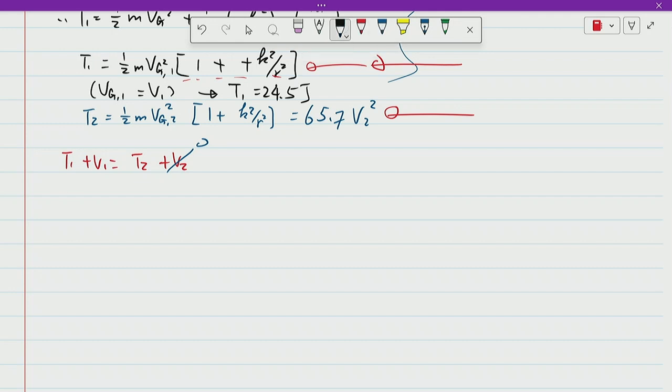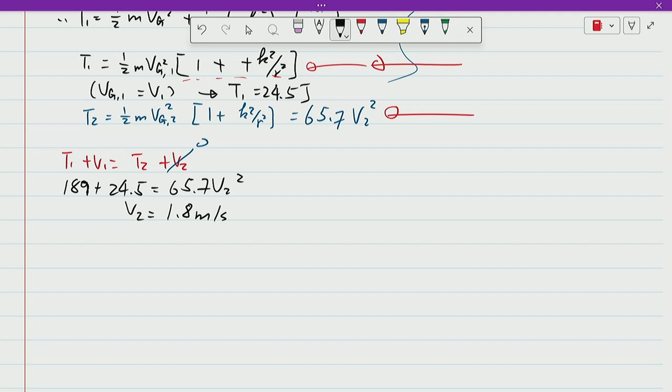So 189 plus 24.5 equals 65.7 V2 squared. One equation, one unknown, giving us a final velocity of 1.8 meters per second. A good thing about separating and calculating each of the variables first is that when you combine them, things are a lot easier for the TA to track.